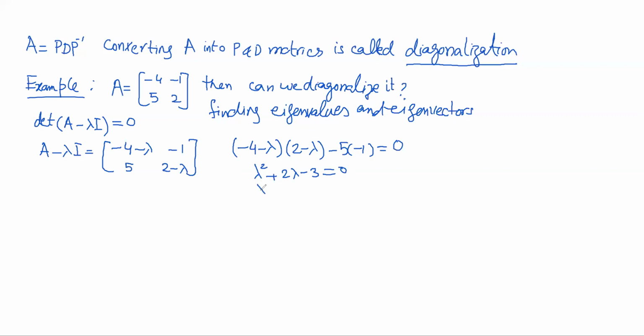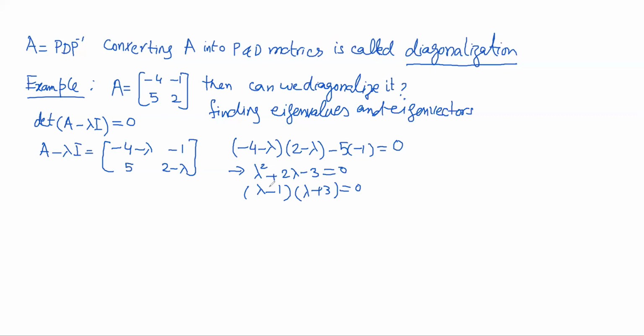And if you factorize it, you will get lambda minus 1 into lambda plus 3. So by simplification, you get the standard form of the characteristic equation.